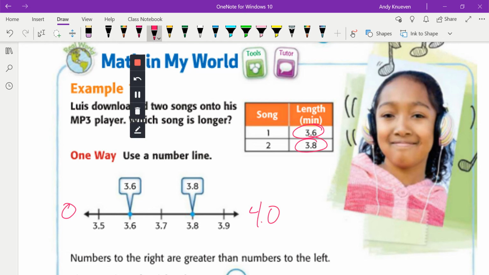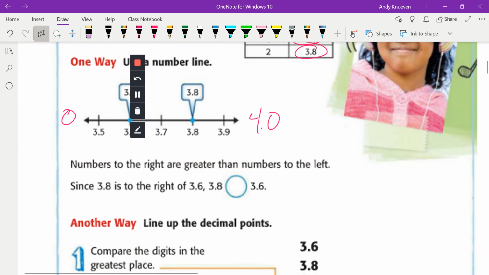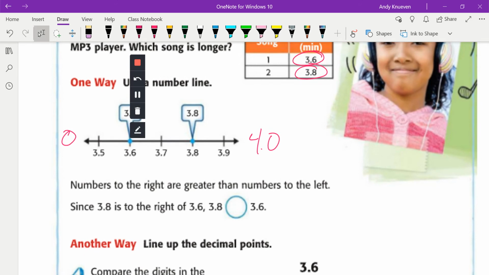To the left is less, to the right is more, is greater. So the numbers to the right are greater than the numbers to the left. Since 3.8 is to the right of 3.6, we need to put in our inequality sign, and that inequality sign would be 3.8 is greater than 3.6.